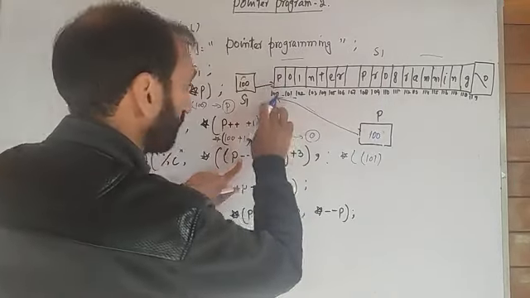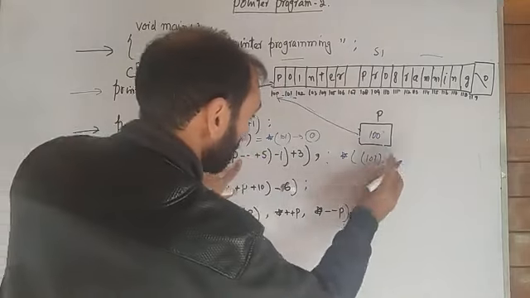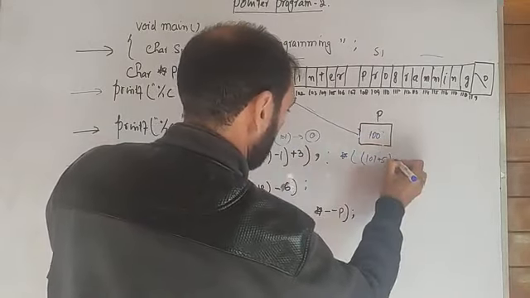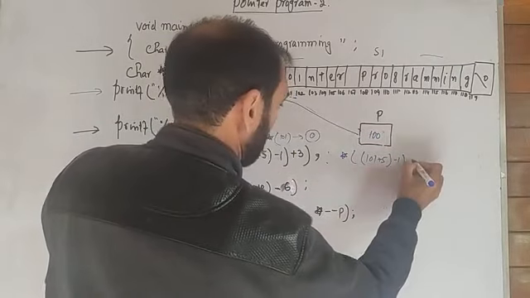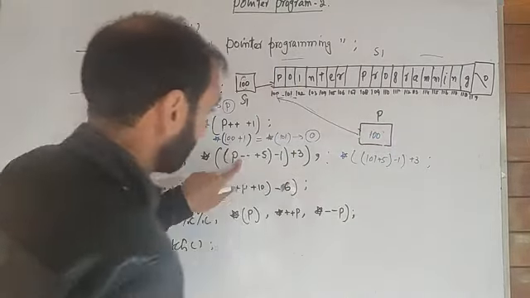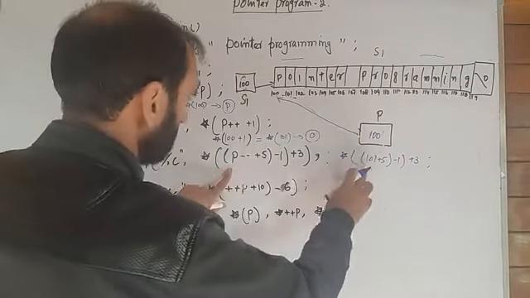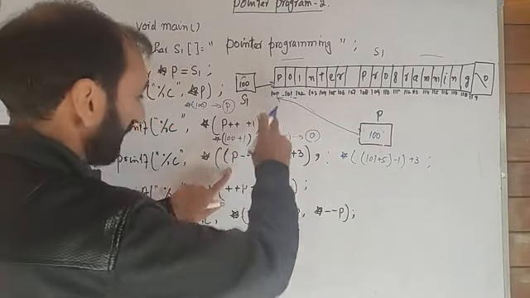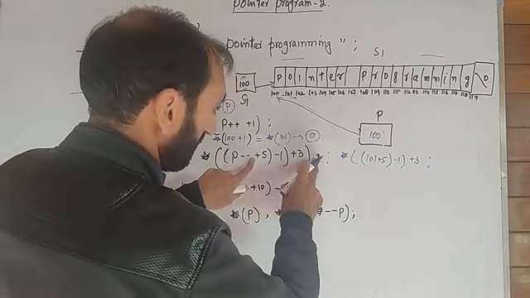Now p will point back to 100 plus 5 minus 1 plus 3. What was p? P was 101 previously, then it will get decremented.